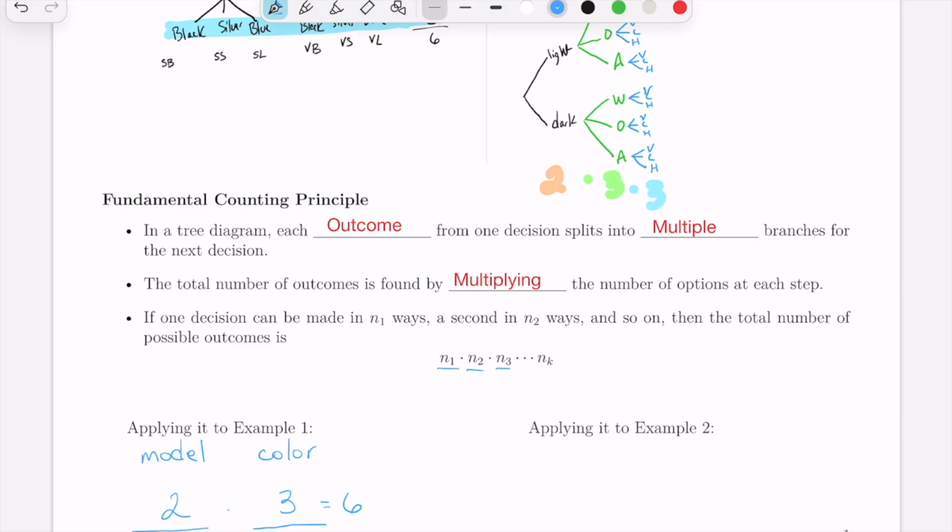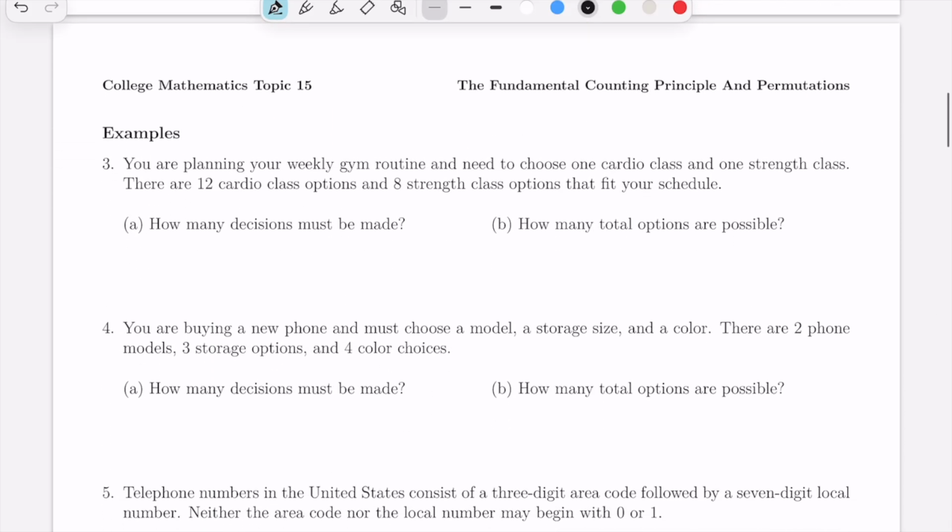When we look at the other one, we had the roast, and we had the milk, and then we had the flavoring. So for our roast, we had light or dark, that's 2 choices. For the milk, we had 3 kinds of milk, and we had 3 kinds of flavoring. This is just so much faster and so much more convenient to multiply those than to make a tree diagram. So let's use that on some more practice problems here.